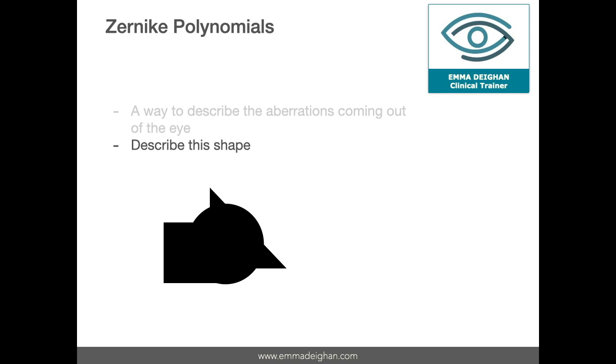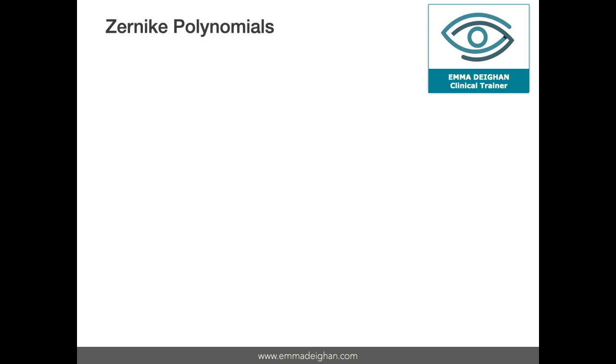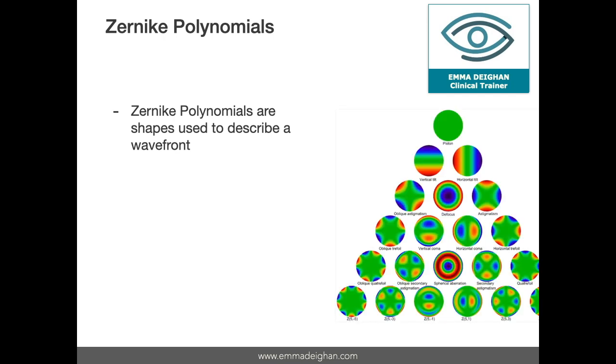However, if we say that it's part of a circle, part of a square, part of a triangle, we can now record that measurement, and if we record the location, we have described that shape quite simply. This is how the Zernike polynomials work. They are basically shapes used to describe a wavefront, and normally they're presented in this pyramid shape.